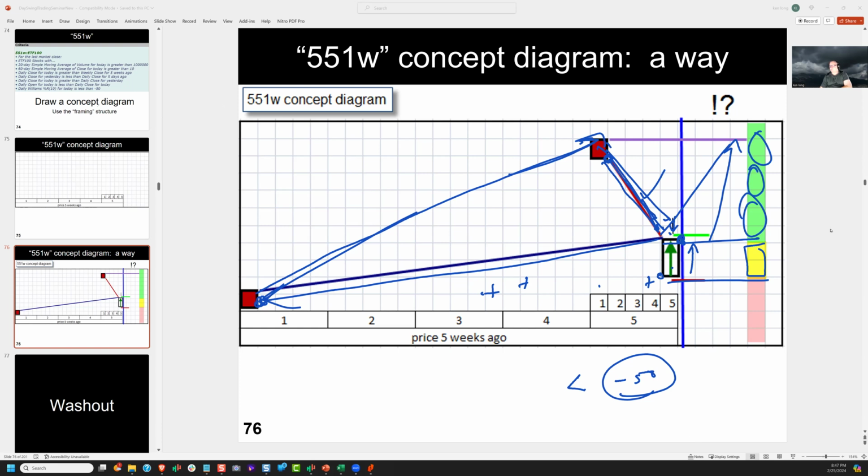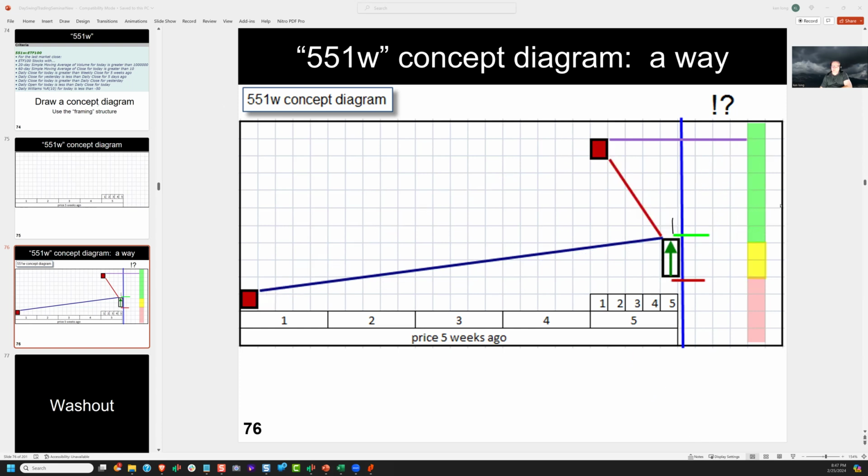So the difference between this and a 5 days down, a 5DD has to be 5 consecutive days down. Yes, this just needs to be down in net, close to close. And one of the things that we noticed was that you might get 3 days down, 1 day up, and then 2 more days down.